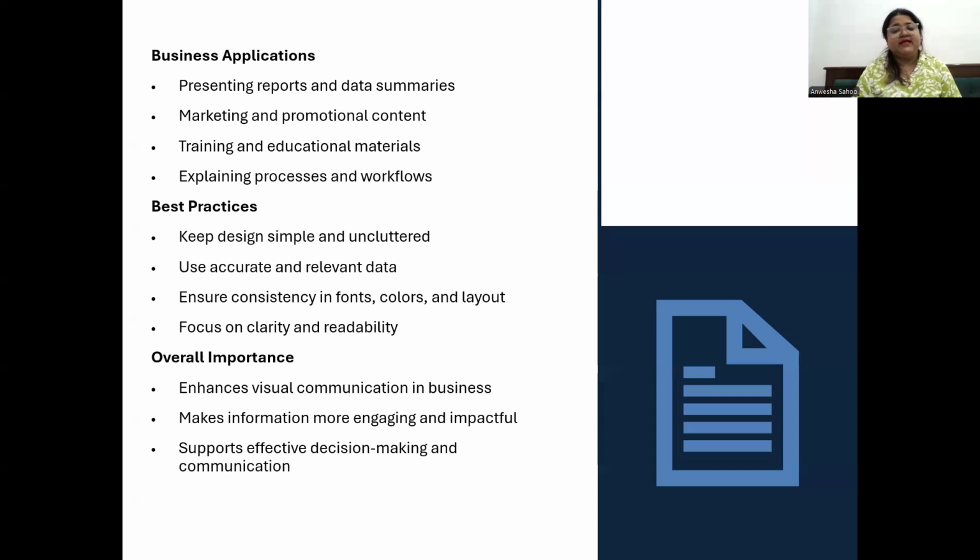As I'm repeatedly telling you, if it is visually appealing, then it will enhance communication in business, because it makes information more engaging and impactful, resulting in support of effective decision making and communication.